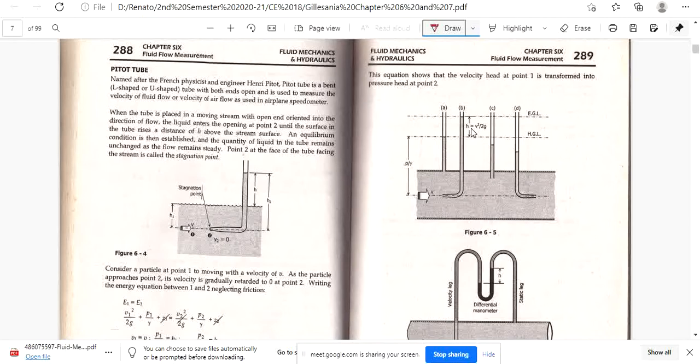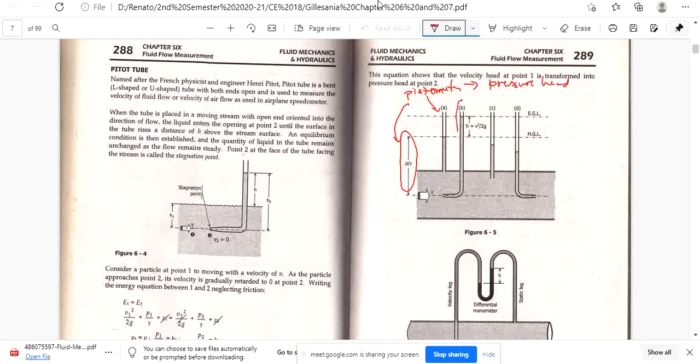The difference of this one is just the piezometer. If you look into this one, this is your piezometer, the one we learned in chapter 2. So, piezometer, if you remember, it only measures P over gamma, or the pressure head. Right? It only measures pressure head.